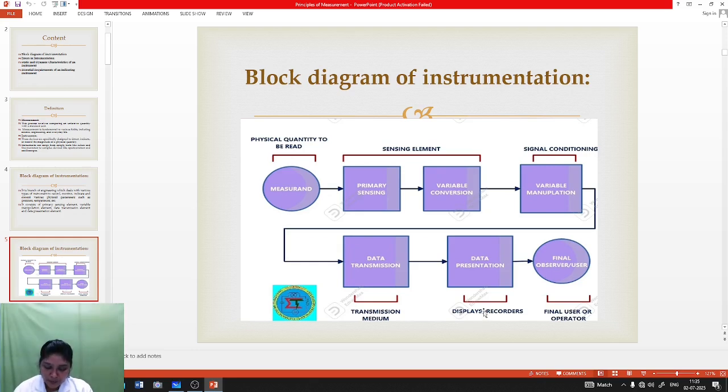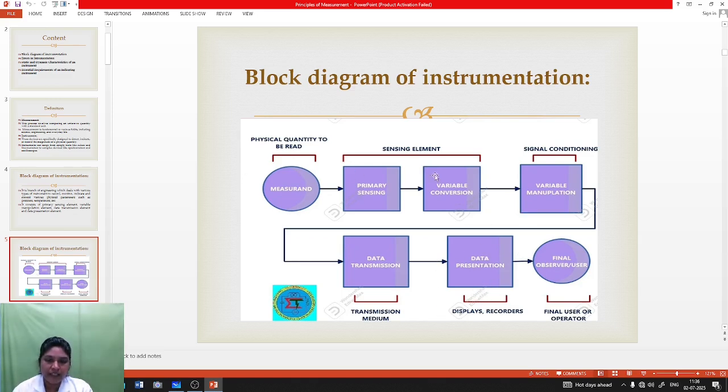If the data is to be recorded for analysis, we can use magnetic tapes, cameras and recorders. For control and analysis, microprocessors, computers and microcontrollers are used as the data presentation element. These are the applications of data presentation, and this is the terminating stage.